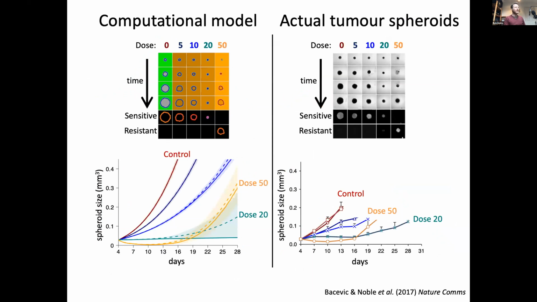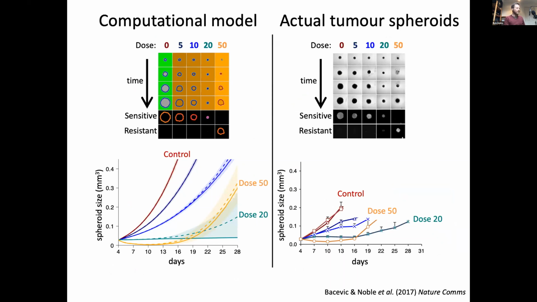When we put all of this together into a computational model, I obtained the results shown on the left. At the bottom there are the averages for many growth curves. The solid lines are medians and the dashed lines are means at the different doses. The red line there is a control.